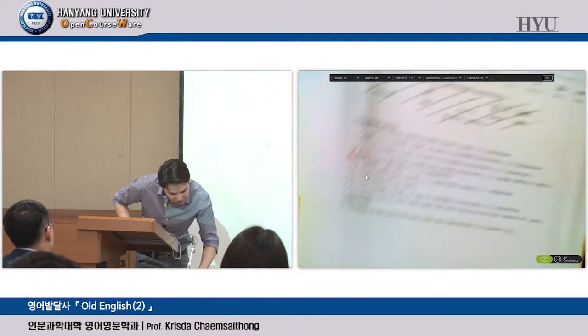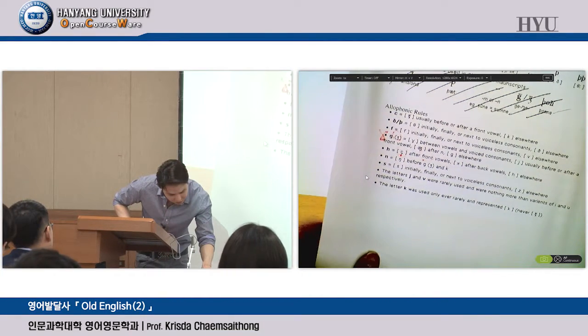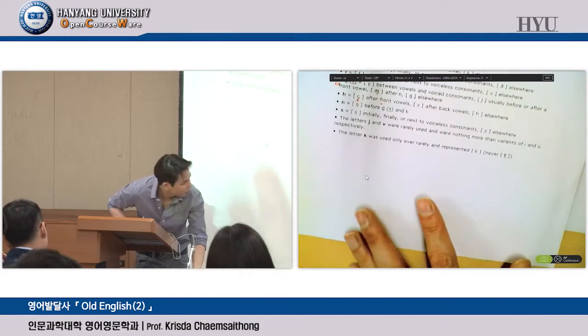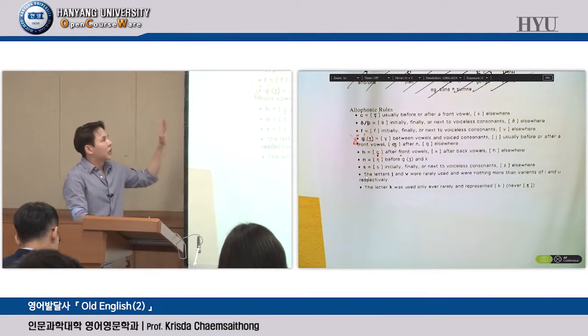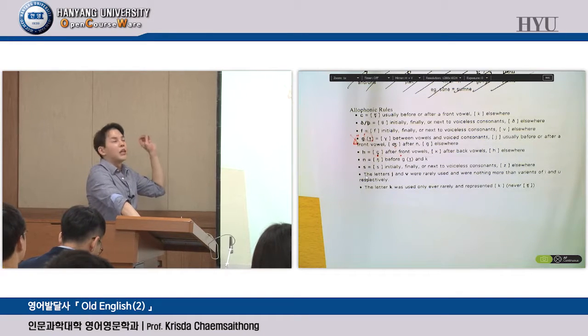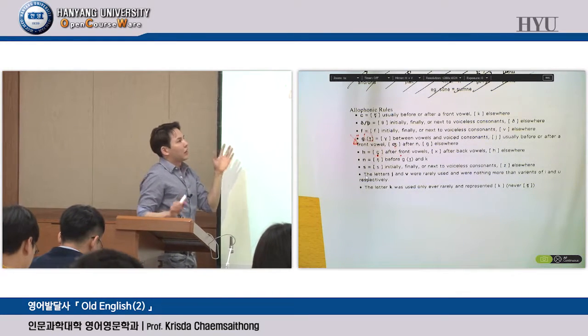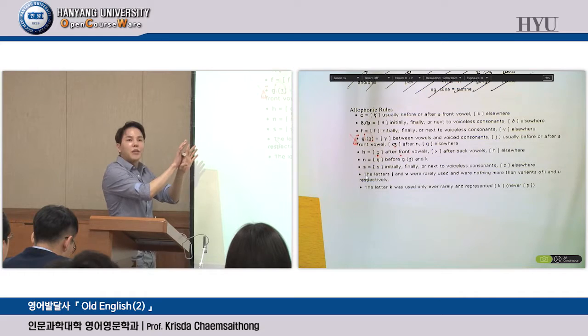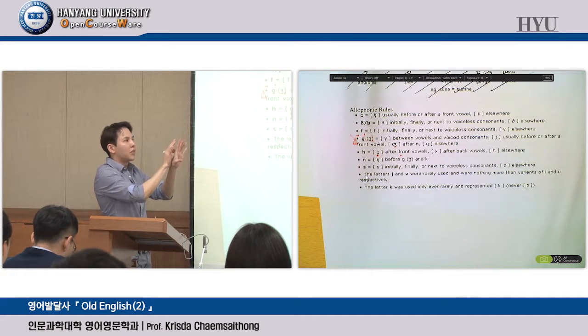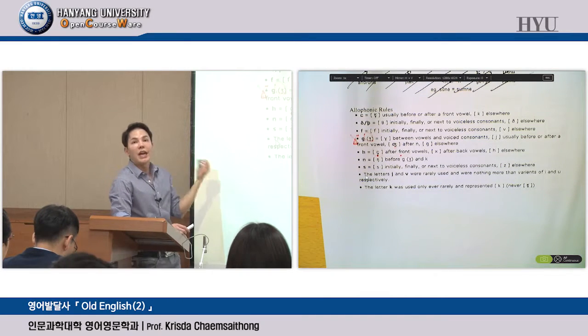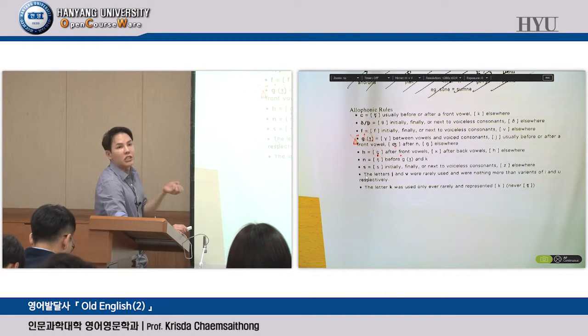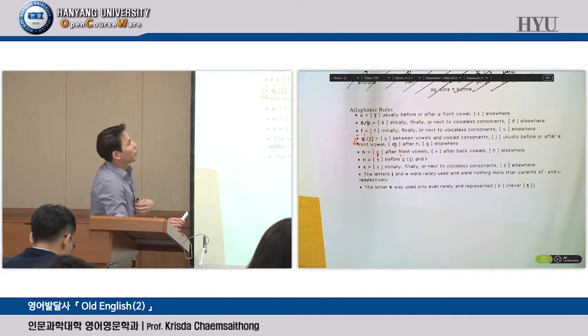But what's difficult about this is that if you look on the back, the allophonic rules, you remember allophones, right? You have the same phoneme, but in reality, that phoneme is pronounced differently in different positions, in different environments, right? But they are allophones because they don't change the meaning, remember? So allophonic rules.